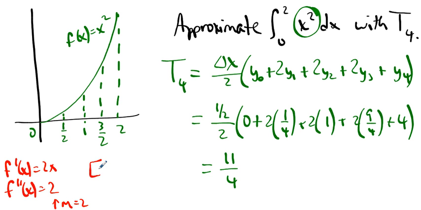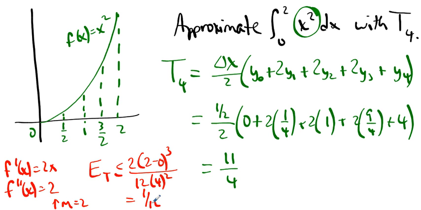So the error on this approximation, the biggest possible difference between this and the actual area, is less than or equal to capital M times (b minus a) cubed over 12 times the number of intervals squared. And this turns out to be 1/12. So what does that mean? That means that this number is within 1/12, high or low, of the actual area under the curve.